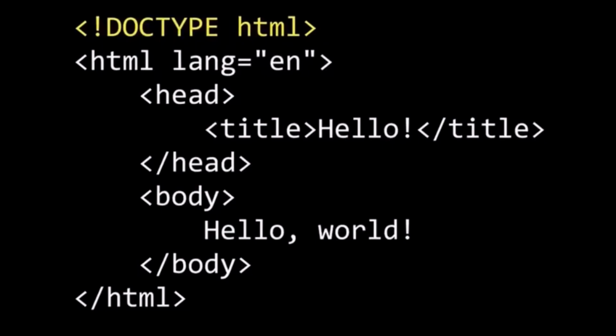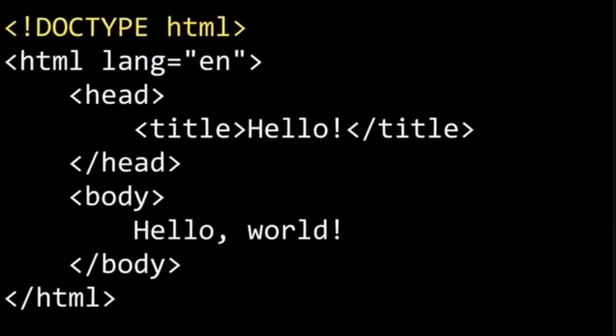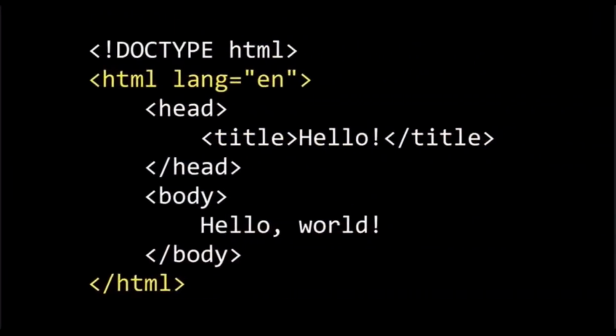So here we first have the html opening tag, and then inside it we have lang equal sign en. This is called an attribute. An attribute provides additional information to an HTML tag.